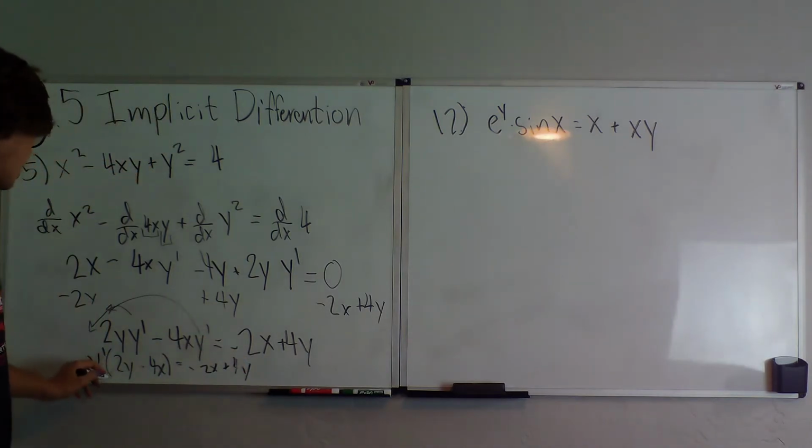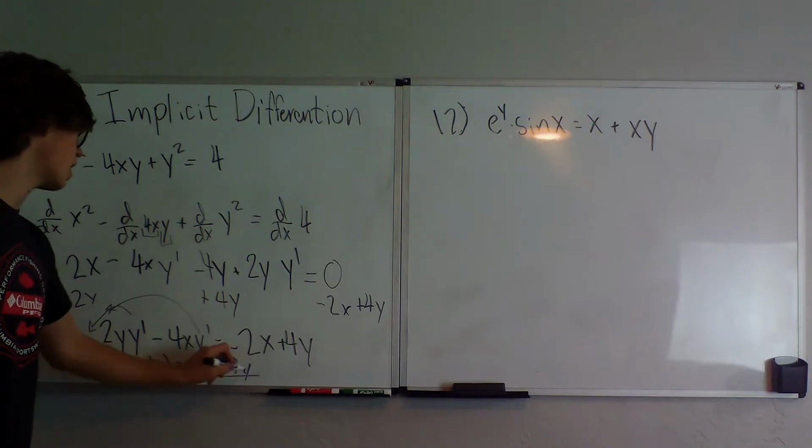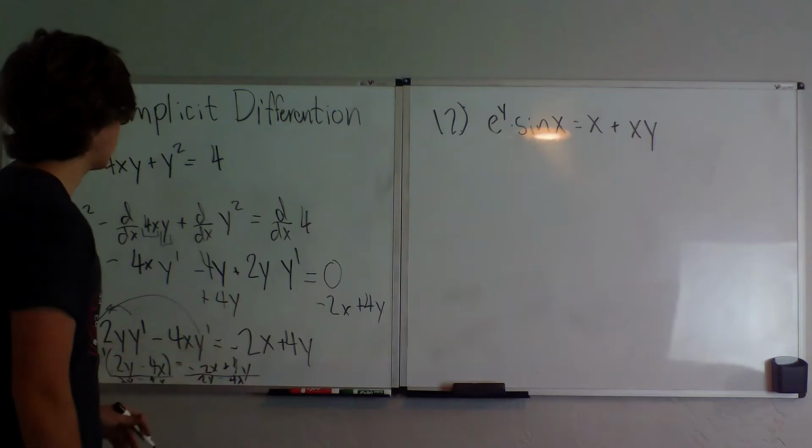And then we just divide this 2y minus 4x on both sides. And what do we get?